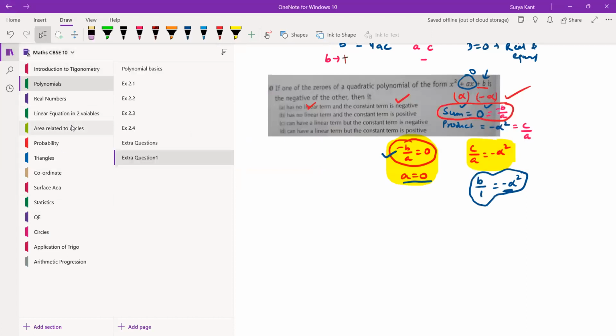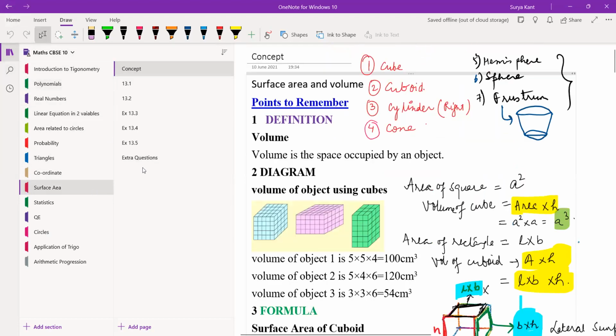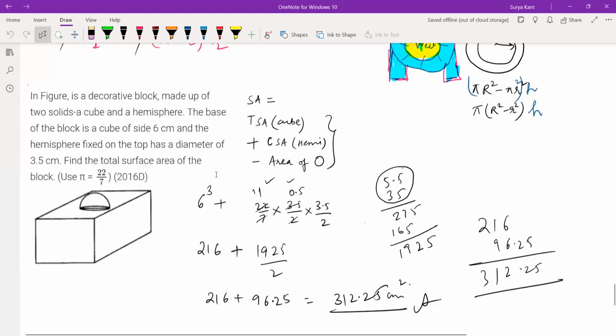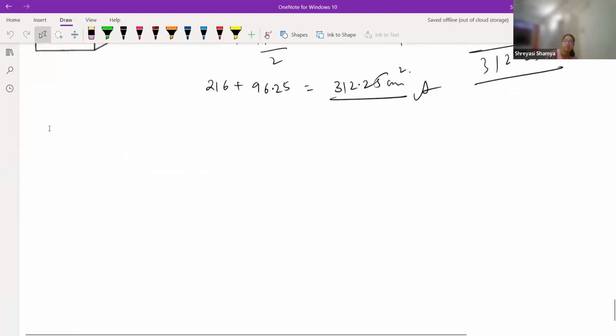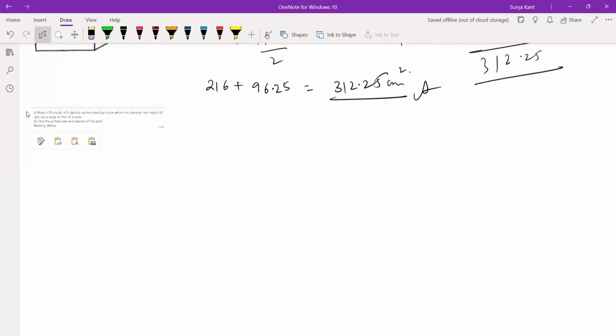Class 9th you have read, no? Cone, cuboid, cylinder and all you read. Yes, sir. Okay. See, this question is here. We have to draw a bit bigger.